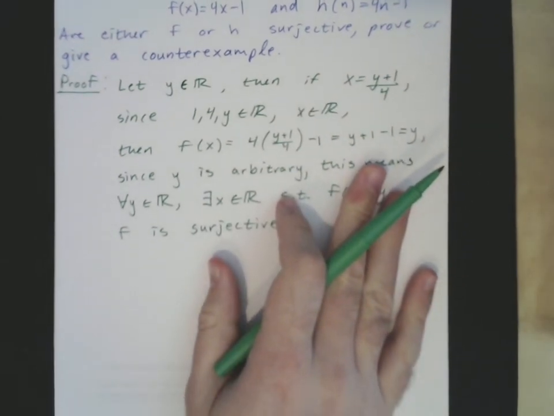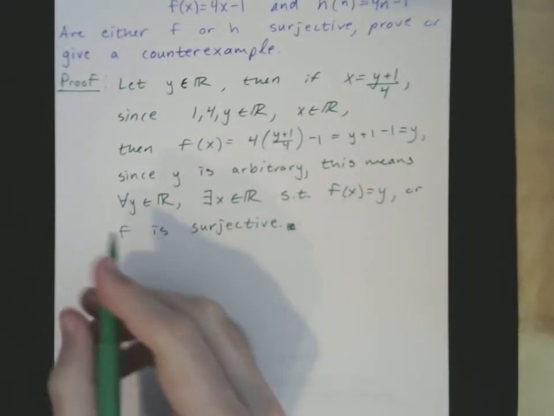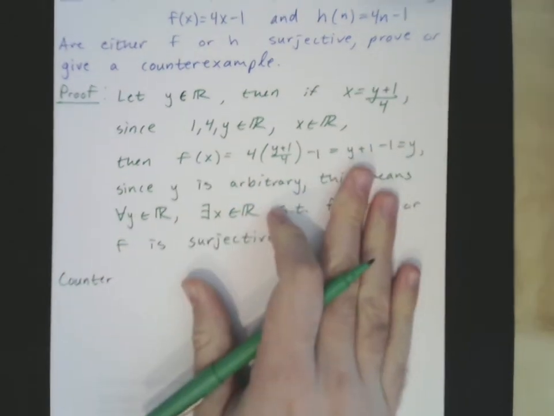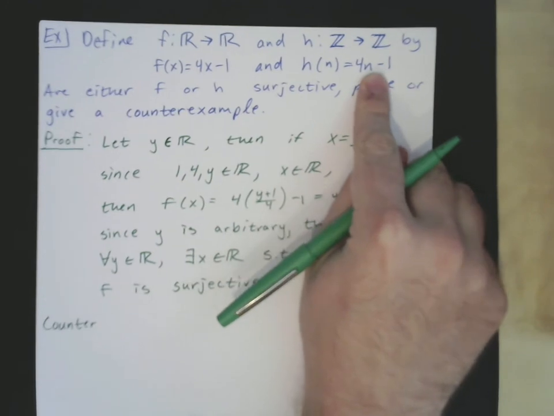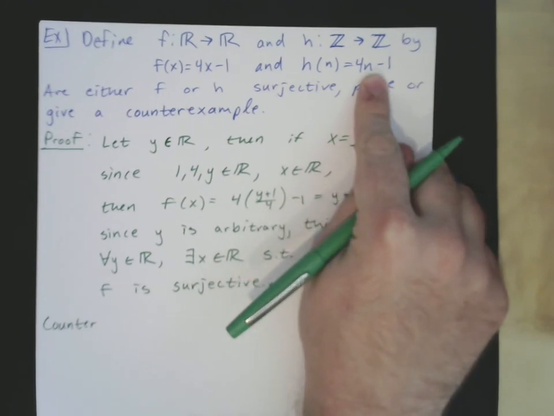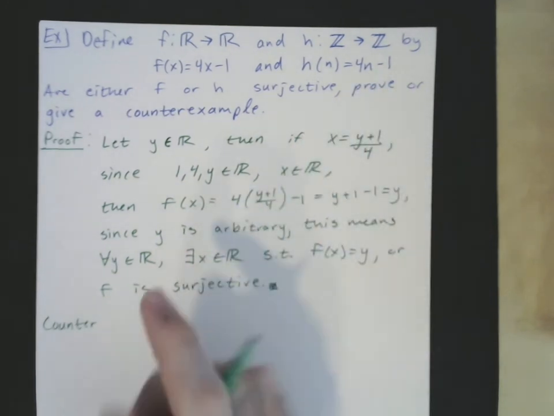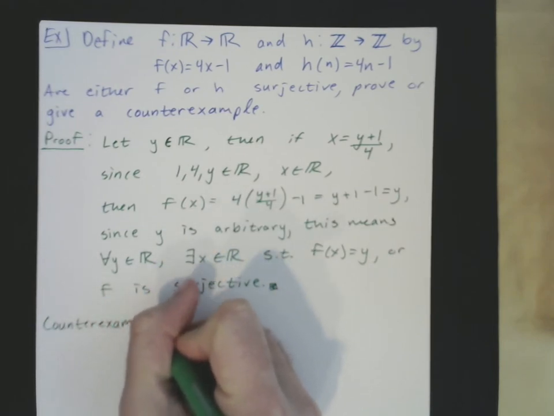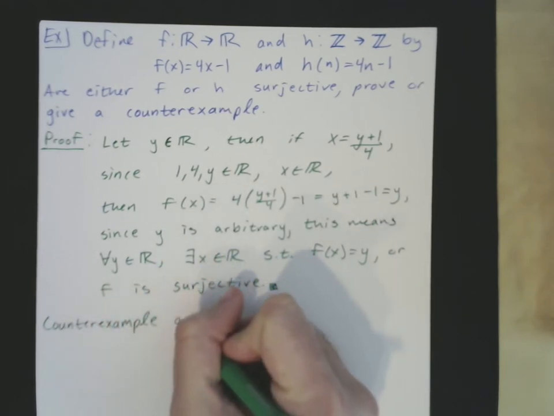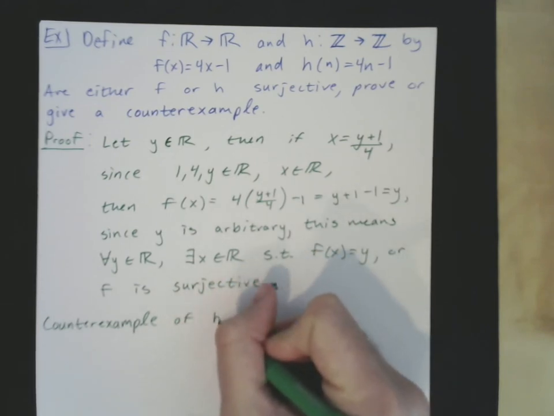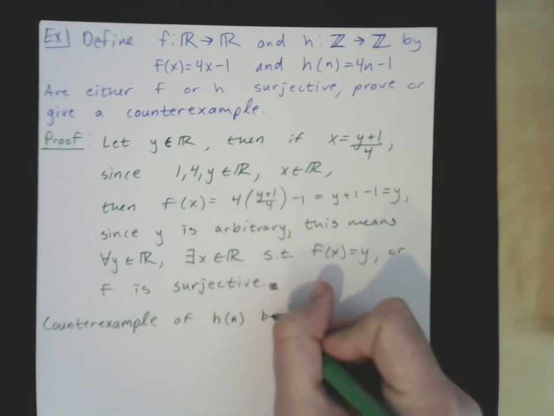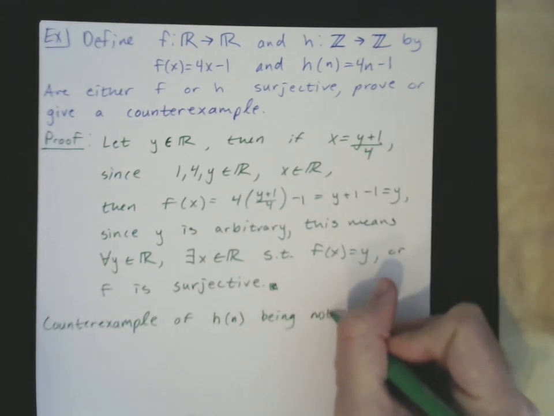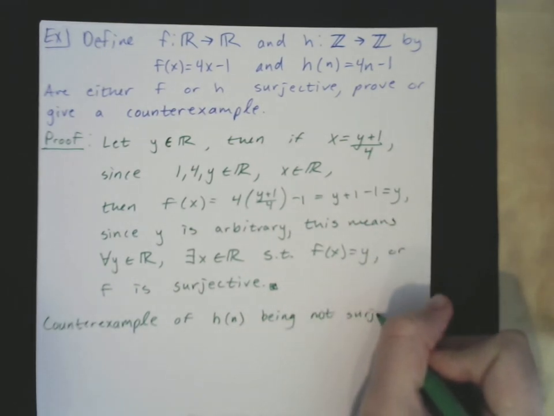Now can you imagine to yourself, is there any integer that you can't get from this expression when all you can plug in is integers? So our counterexample of h of n being not surjective. That's terrible English, but I'm going with it.